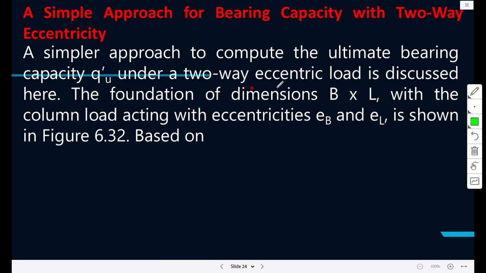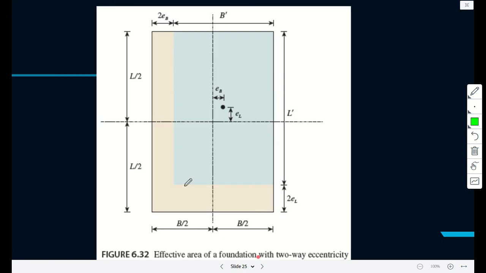Under two-way eccentric load is discussed here. The foundation of dimensions B and L, with the column load acting with the eccentricity EB and EL, is shown in 6.32. This is a very simplified method.